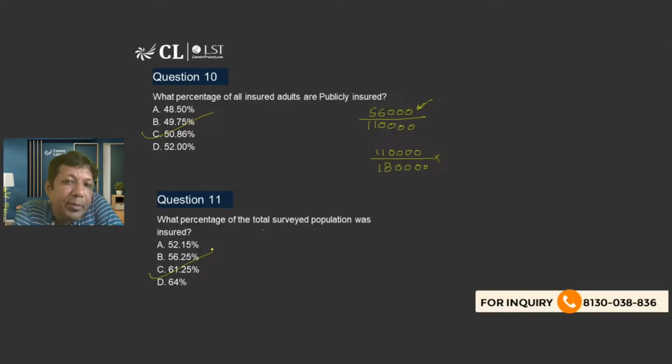If you know the table of 18, 18 times 6 is 108, which means 60% plus 1%, around 61%. So do you think this is a set where you should take a lot of time?